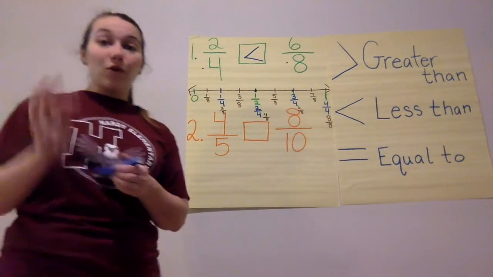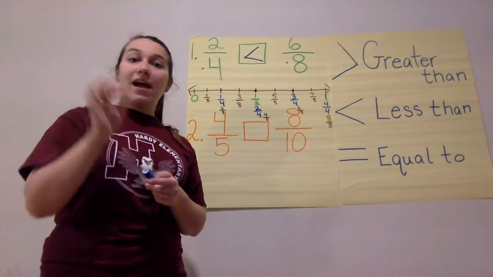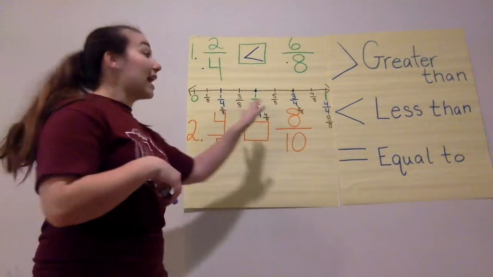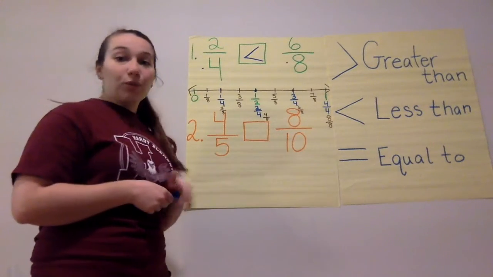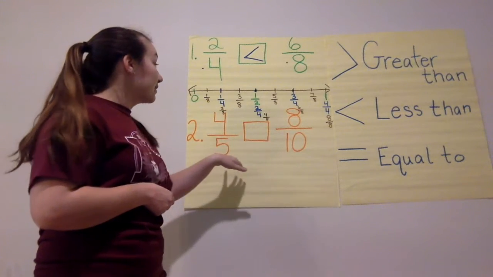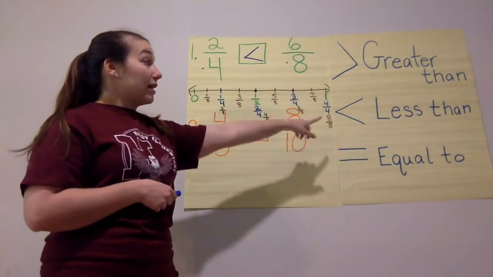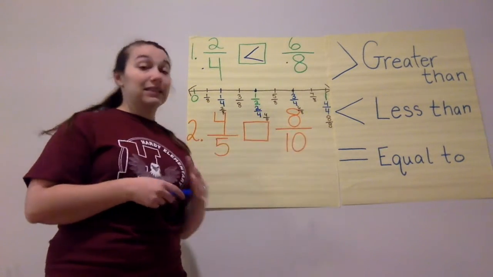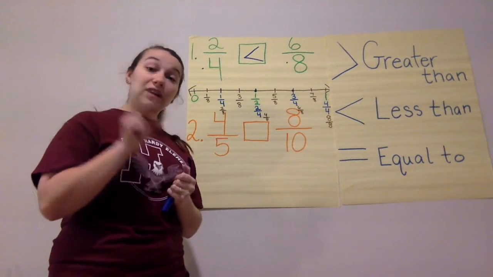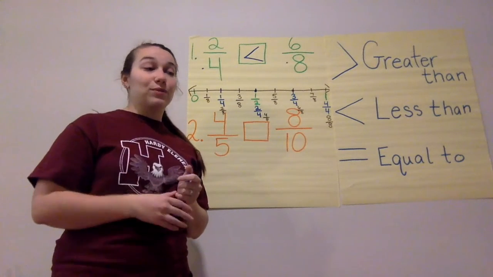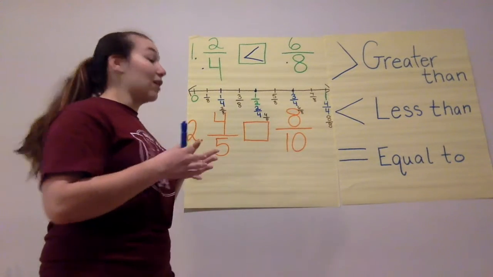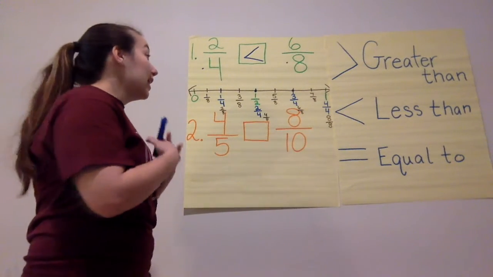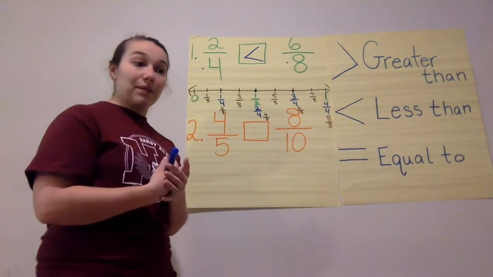This time, I am going to show you another way you can do this problem besides creating a number line. So for question number 2, we have 4/5 is greater than, less than, or equal to 8/10. All right, so there are actually 2 ways we can do this problem. The first way is we can count and find the least common denominator, okay?